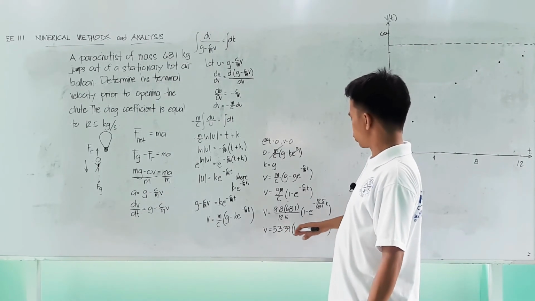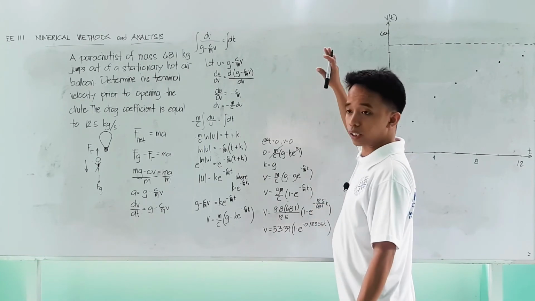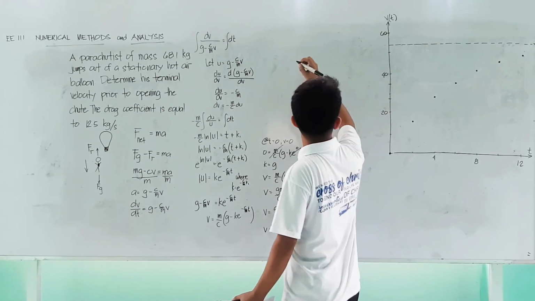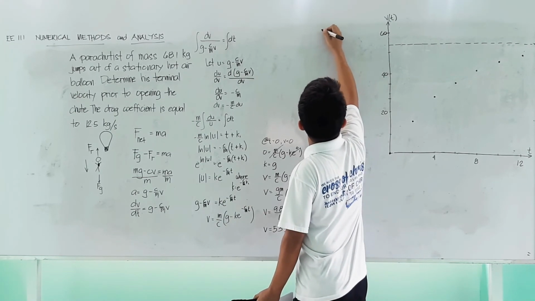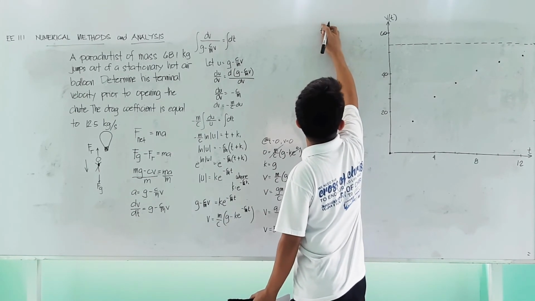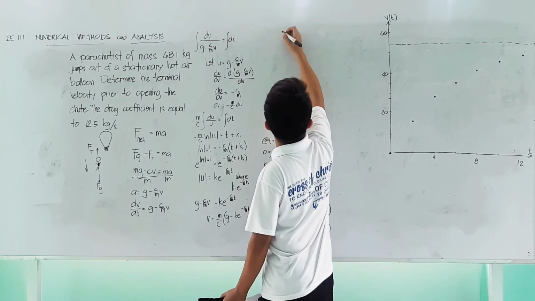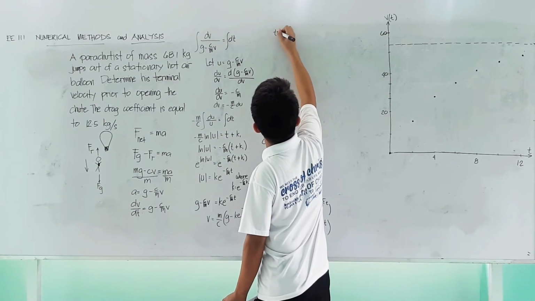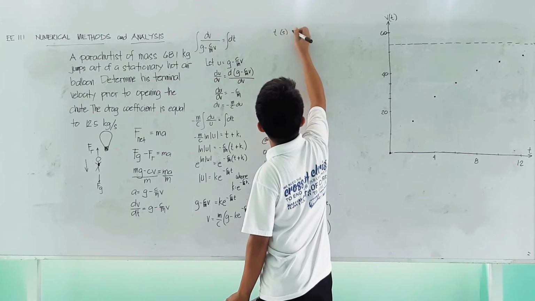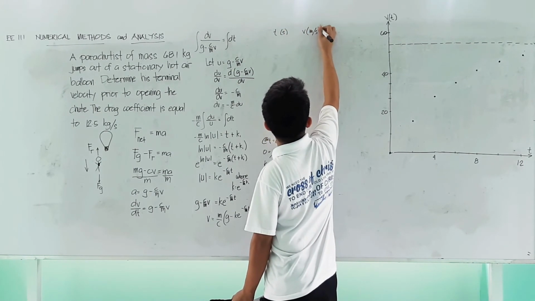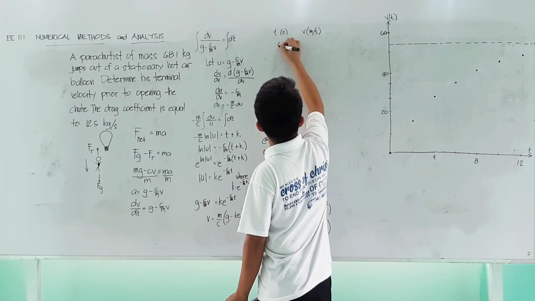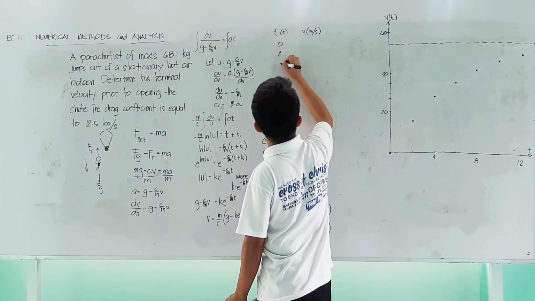Maybe to illustrate this, let's take a table of values. Let's have time in seconds and our velocity in meters per second. 0, 2.